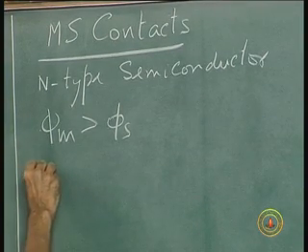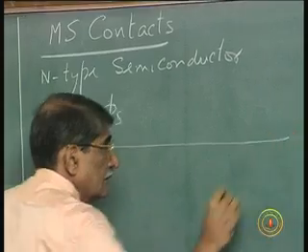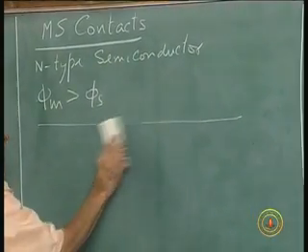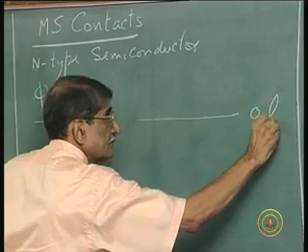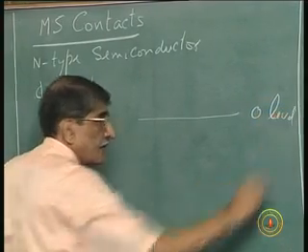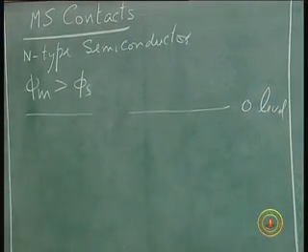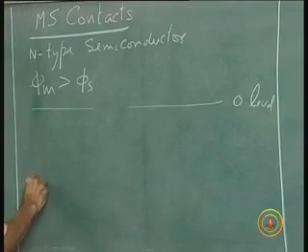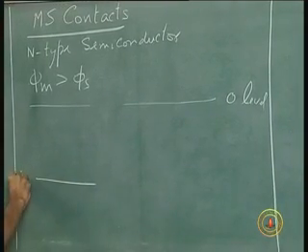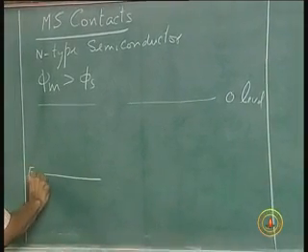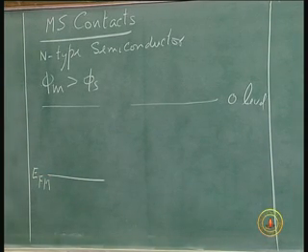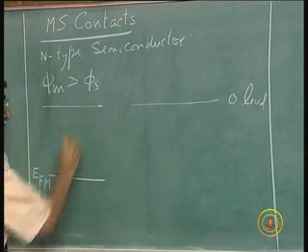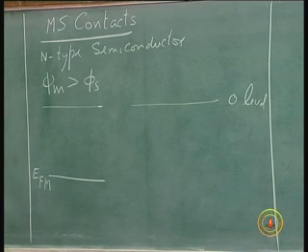You have the 0 level, okay, that is the 0 level. Now, a metal is there in this portion, that is EFM. You will already have some of these things in the previous slides, but this will make things much clearer now.